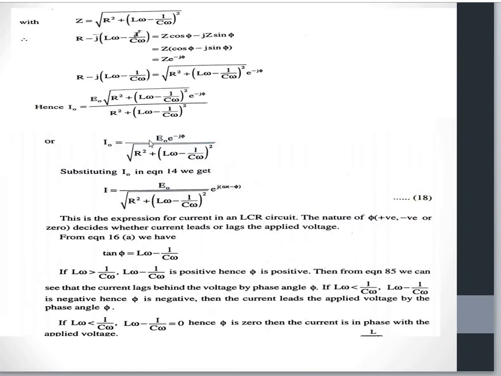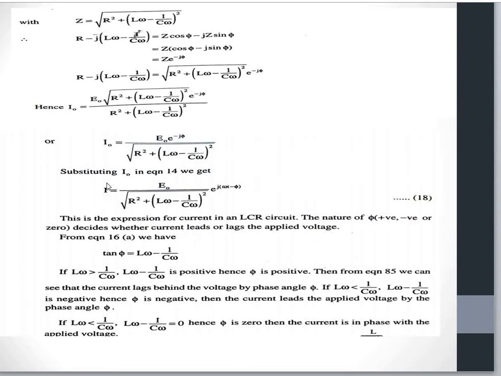So we will get I is equal to E0 e raised to minus j omega t divided by square root of R square plus L omega minus 1 by C omega the whole square. So this is the equation for I0, which contains all information about the current and voltage in an LCR circuit. Okay.